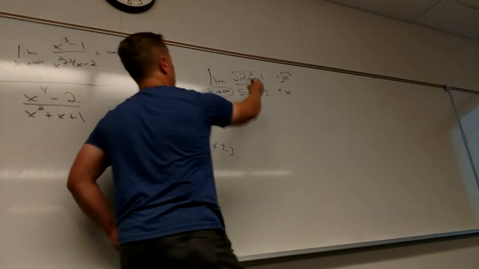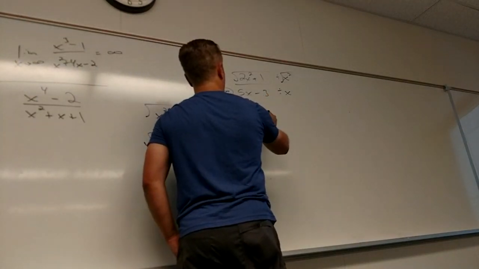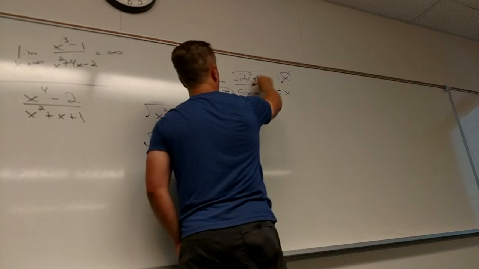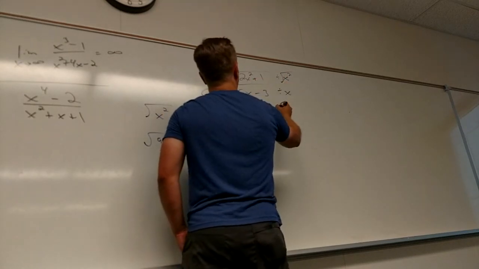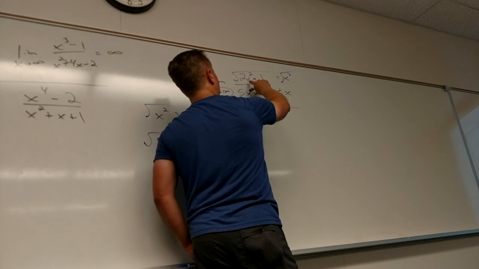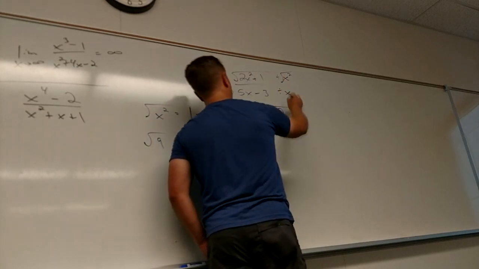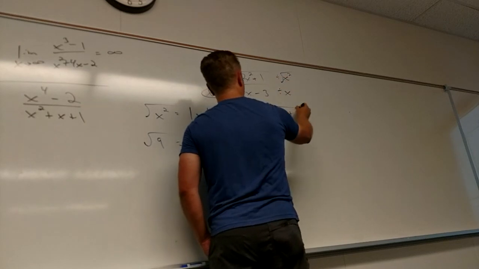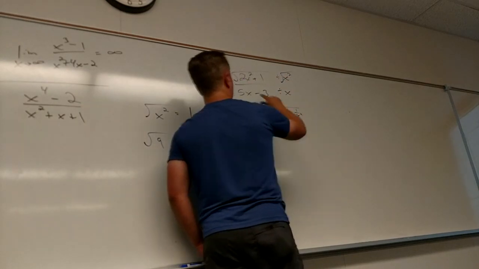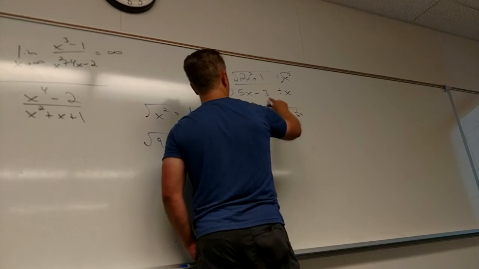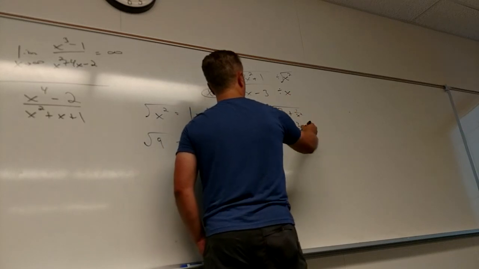So now what does the top become? Square root of 2x squared divided by square root of x squared is, 2x squared divided by x squared is 2. 1 divided by x squared is 1 over x squared. And then you get 5 minus 3 over x.